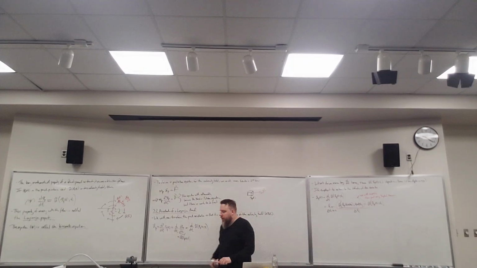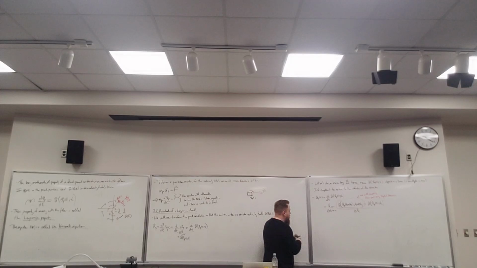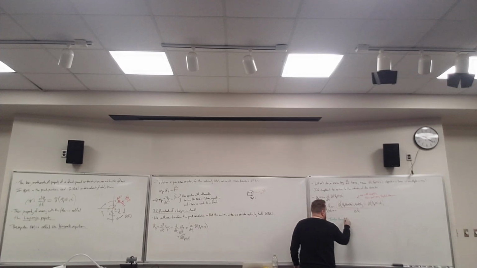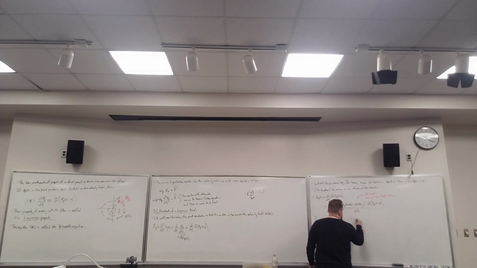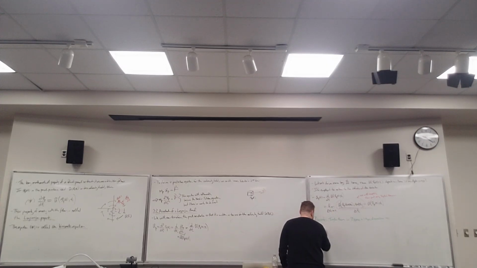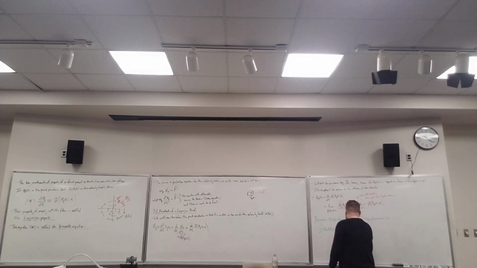Just as a reminder, Taylor's theorem in 3 space plus 1 time dimensions is that if we have any function, f, and we're evaluating that function at x plus delta x and t plus delta t, if you go back in your notes, you should put x naught here and t naught here.